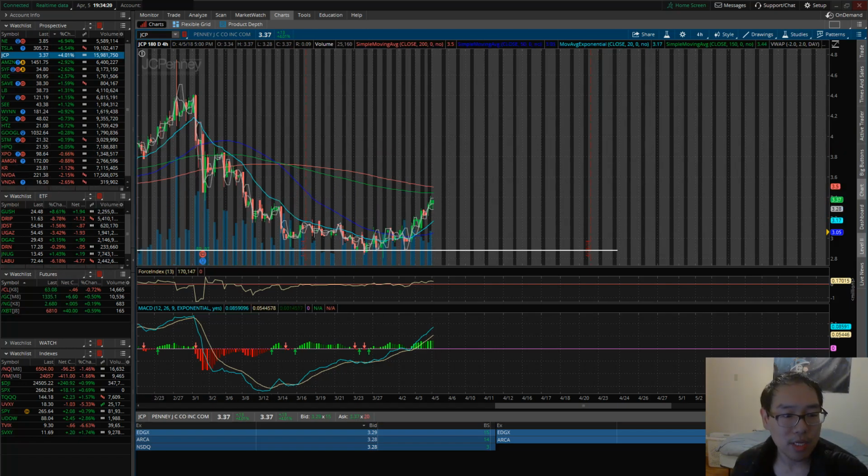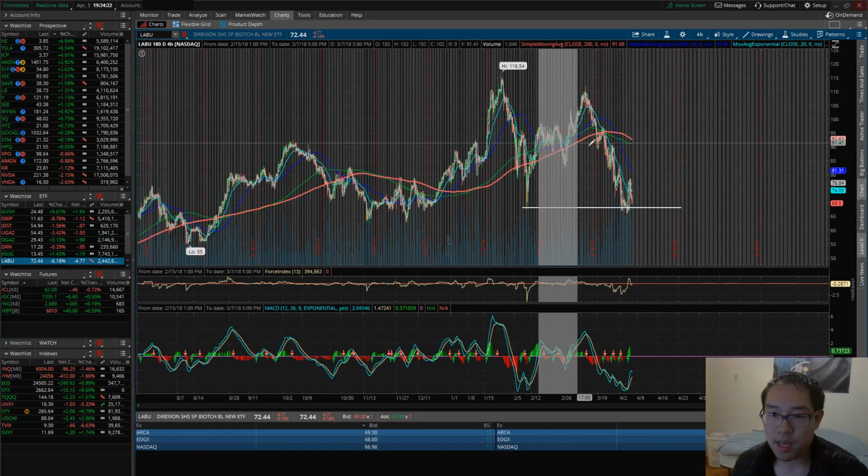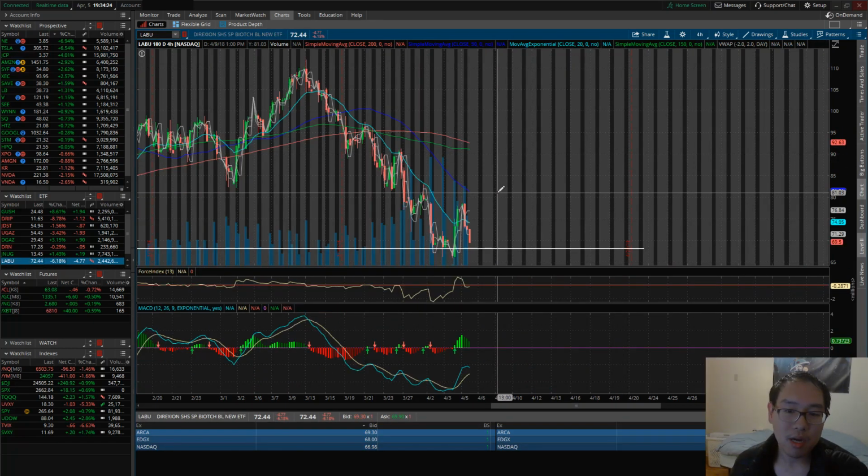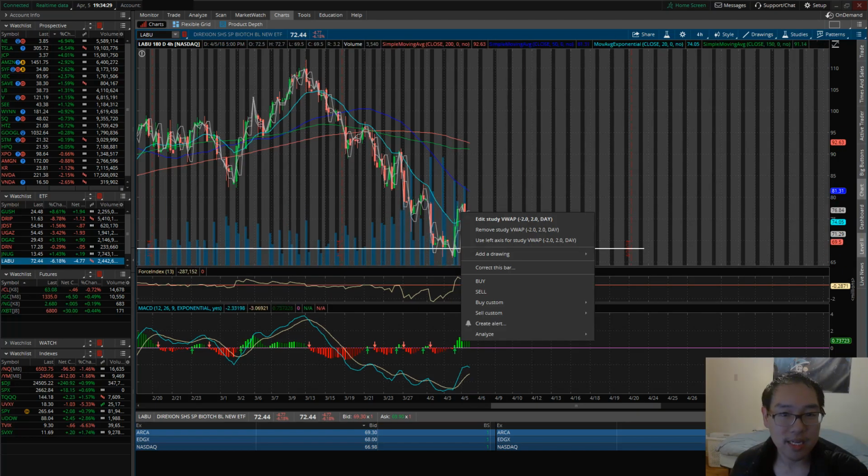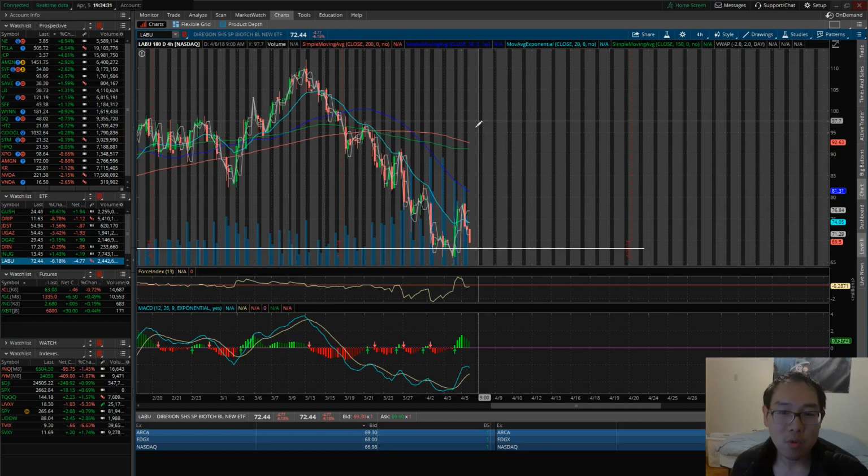The next one I want to talk about is LABU. The previous day, LABU went up like 12%, something crazy. What happened today? The stock market was doing well, but it looks like the biotech ETF could not hold, and now it is going back to its previous support at around 67.84. It's actually at 69.90 currently.